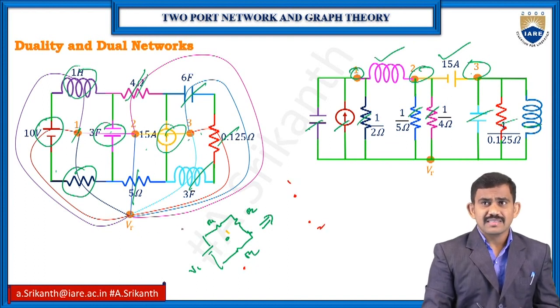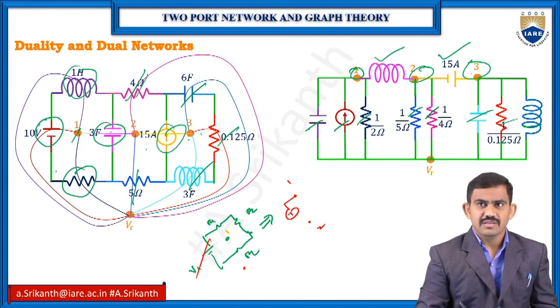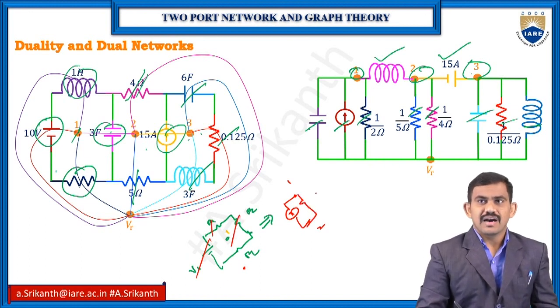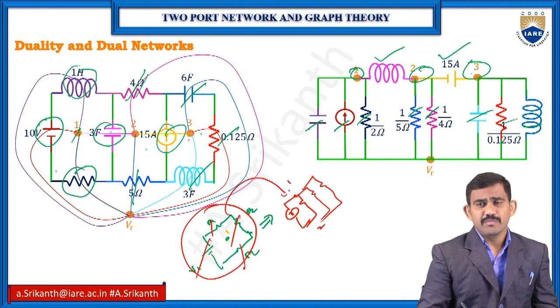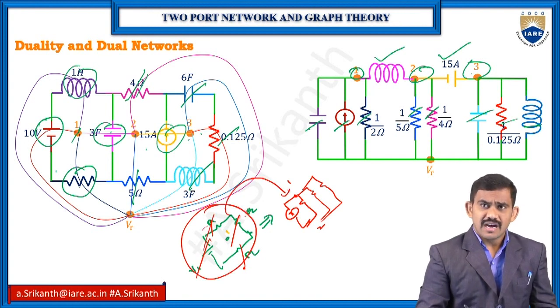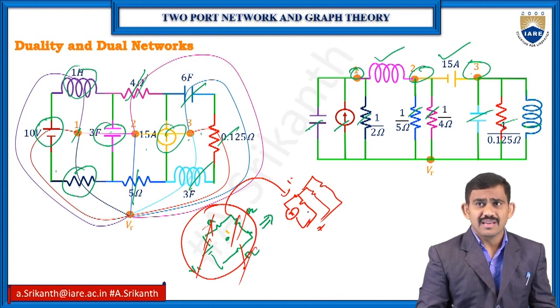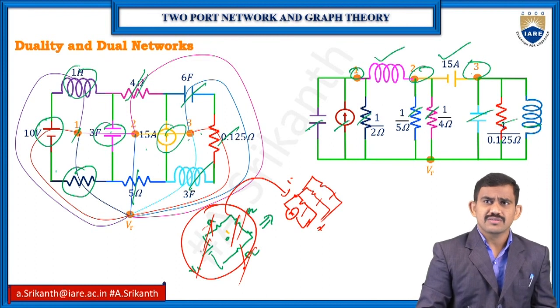R is first, voltage has only one current source, so the voltage source is converted to a current source. The resistors become parallel: R1, R2, R3 each having only one current. So between 1 and the reference node I have G1, G2, G3, and the voltage source in series is converted to a current source. So a series network becomes a parallel network.